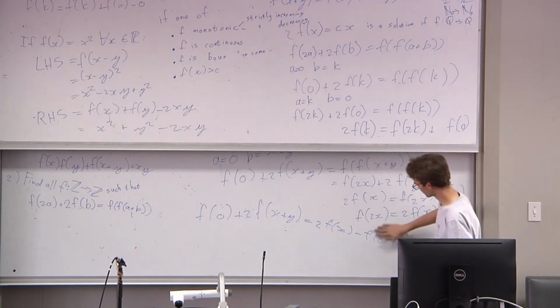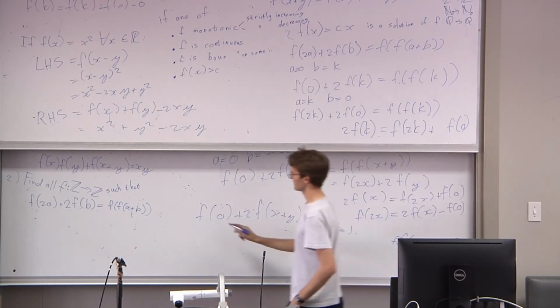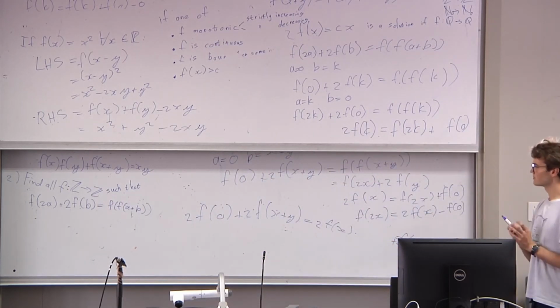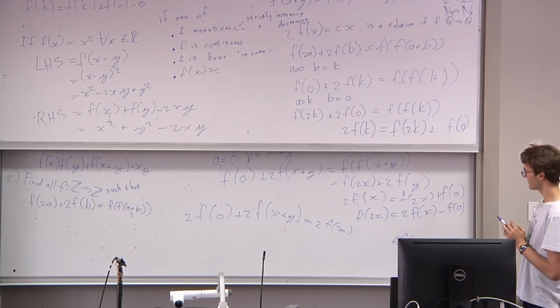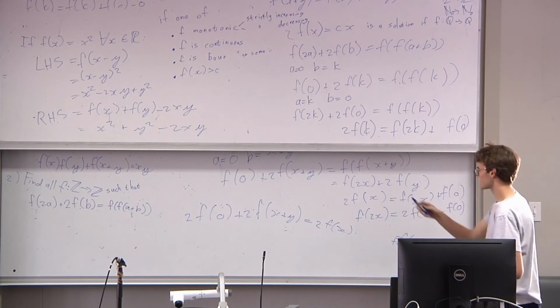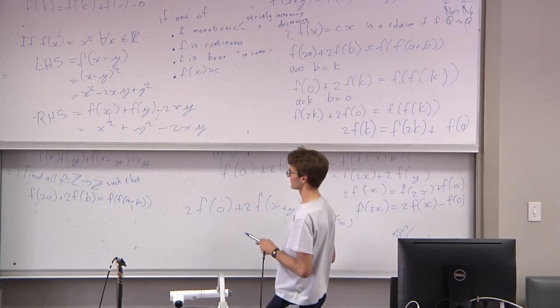Okay. Now we can move this over to this side, and we end up with 2 f of 0 plus 2 f of x plus y is 2 f of x plus 2 f of y. So there's a whole lot of 2's there that we can get rid of.